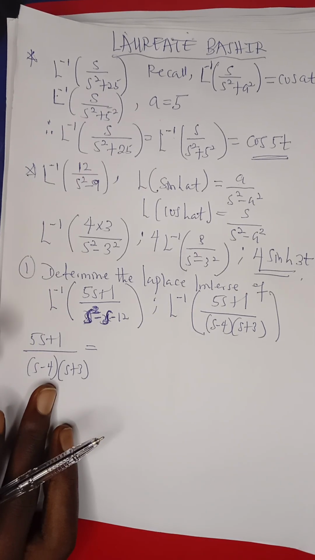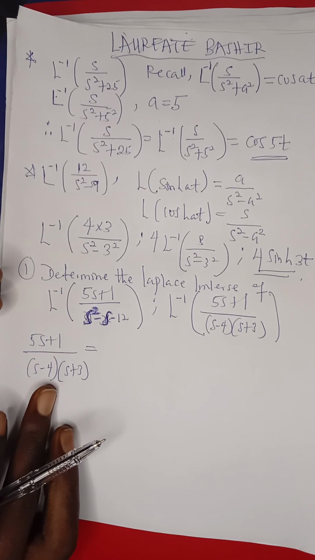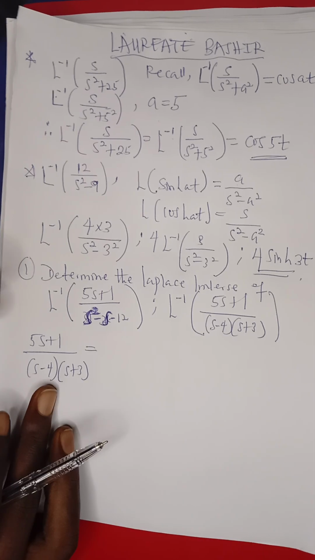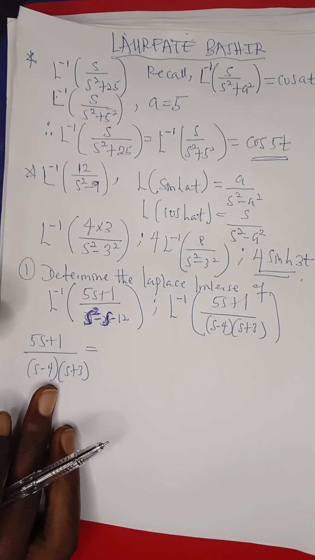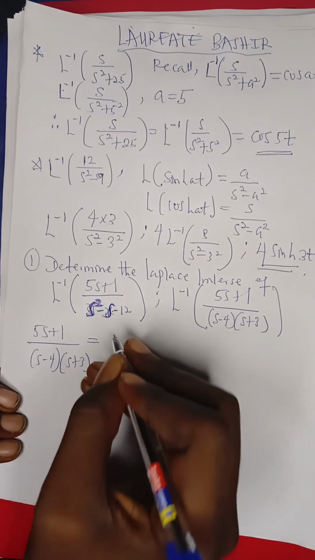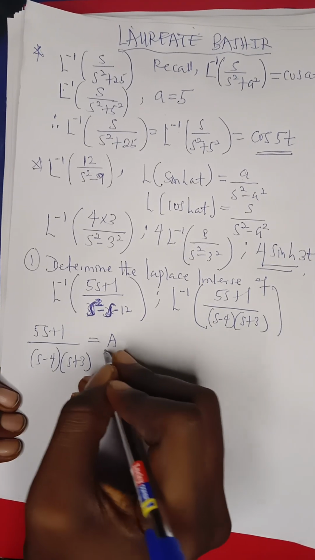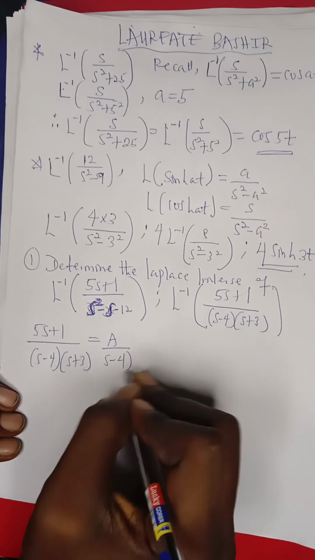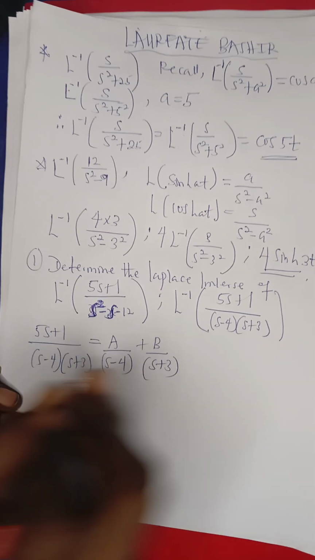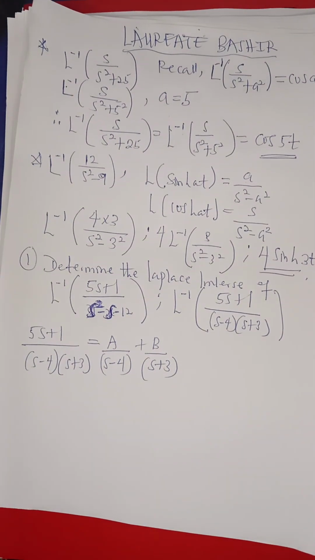The knowledge of partial fraction is not something that can be taught here. It is expected that you have known it, but you can watch out for my subsequent videos on that. I will do videos on partial fractions. So that's the rule, since you're having it factorized.